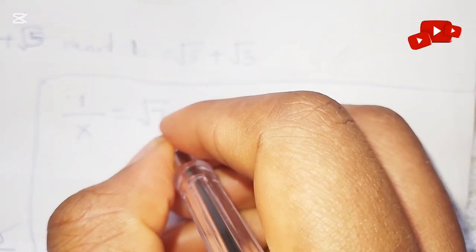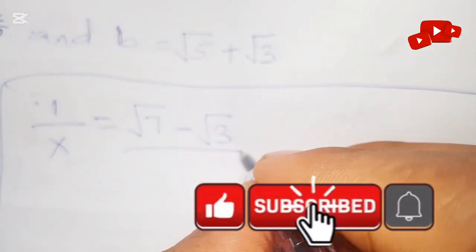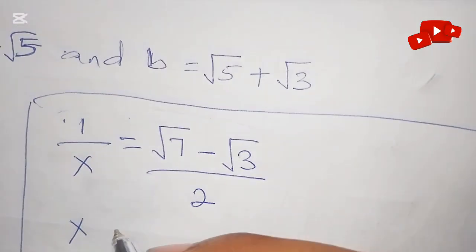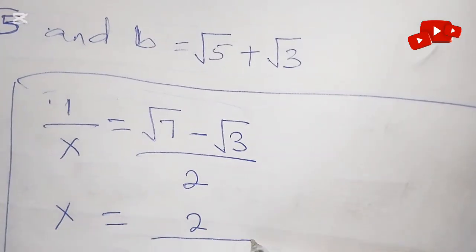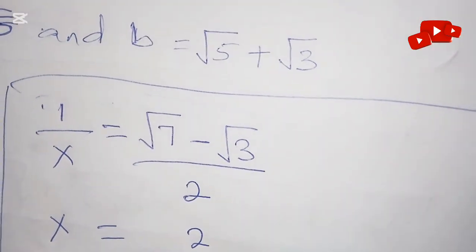So we have 1 over x equals root 7 minus root 3 over 2. If we take the inverse again, we're going to have 2 all over root 7 minus root 3. Next we take the conjugate, or we rationalize.